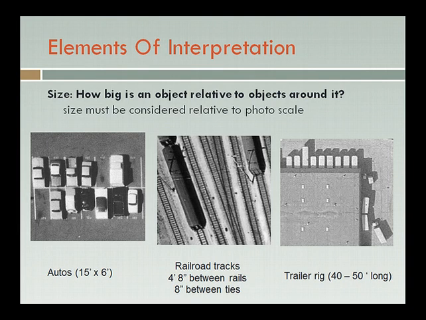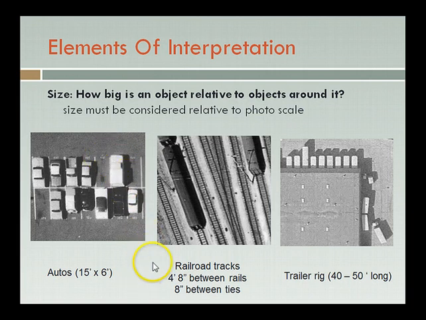So one of these elements is just simply size. Often you may have objects in your imagery that look quite similar. We have these long rectangles. Some of them are dark. This one is a dark rectangle, which is really, if you think about how a computer would see this, very similar to this dark rectangle. And these light rectangles to a computer may look very similar to this light rectangle.